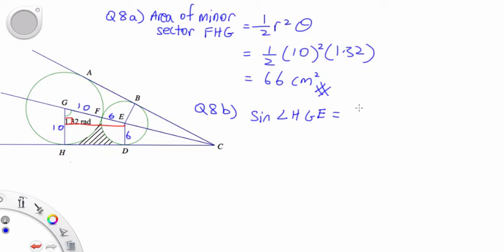Opposite is actually the red color line, and since the red color line length is the same as HD, we will put HD over GE. So we use HD to represent the red color line.